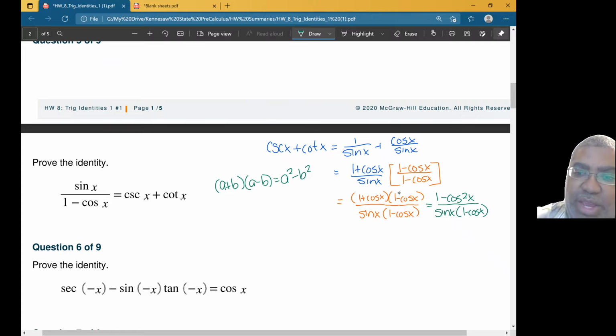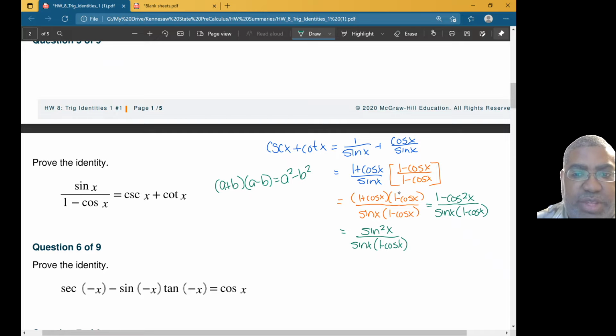So then we use the Pythagorean identity, and we get 1 minus cosine squared x is equal to sine squared x over sine of x times 1 minus cosine of x. Oh, well, this looks very close to what we want, doesn't it?